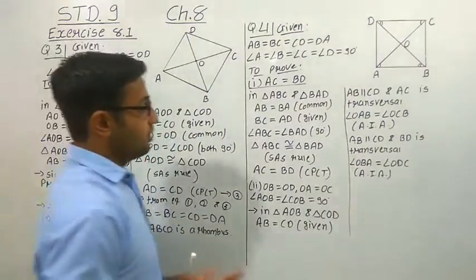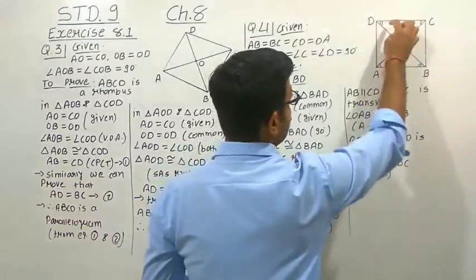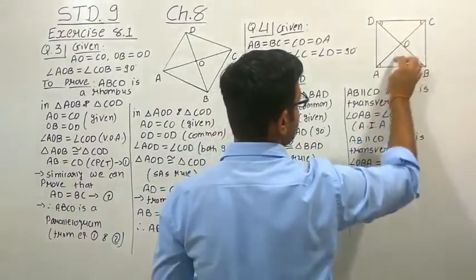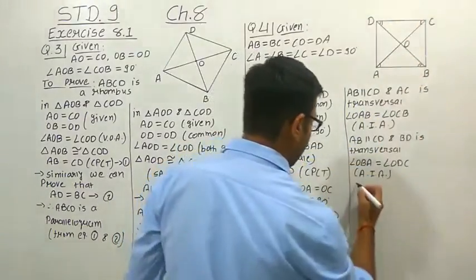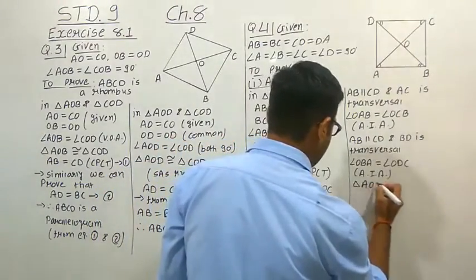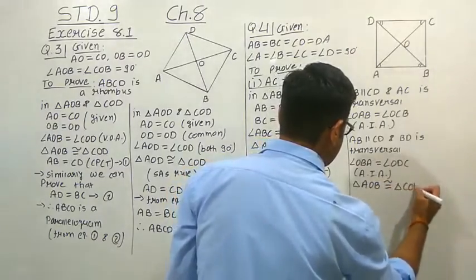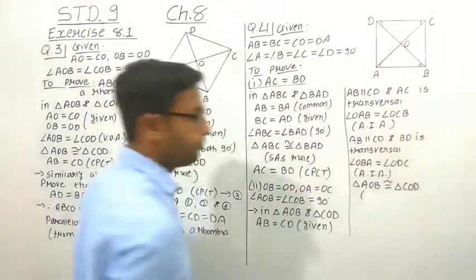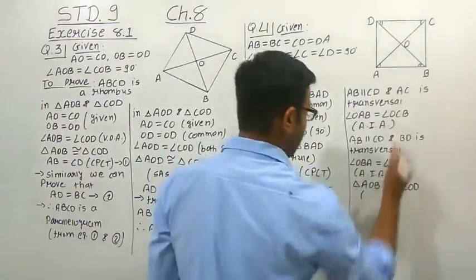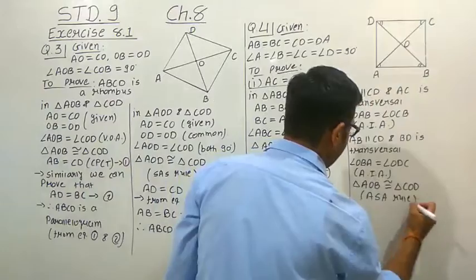So we have proved that AB is equal to CD, this angle is equal to this angle, and this angle is equal to this angle. So now we can write down that triangle AOB is congruent to triangle COD by the angle side angle rule.